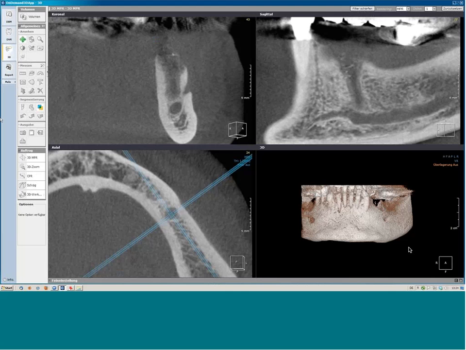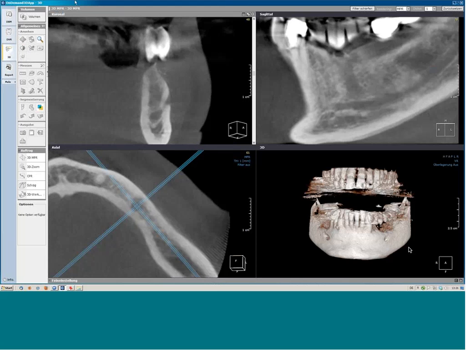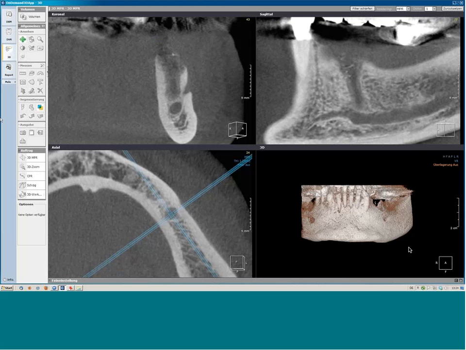Next patient is the situation after extraction, and I hope that these images are clear for you. I just check if they are in the right order.